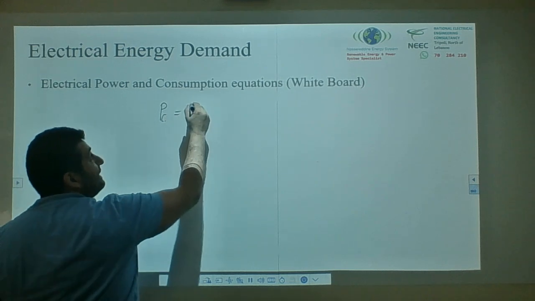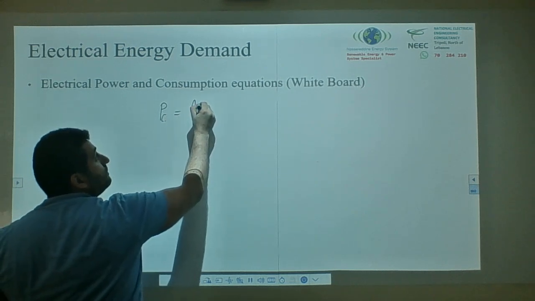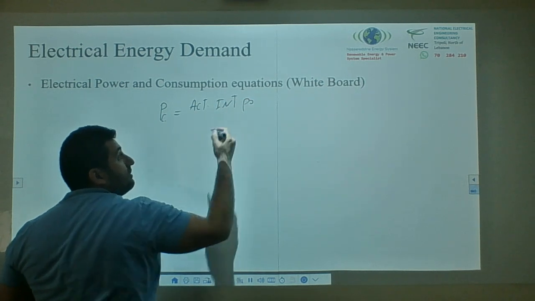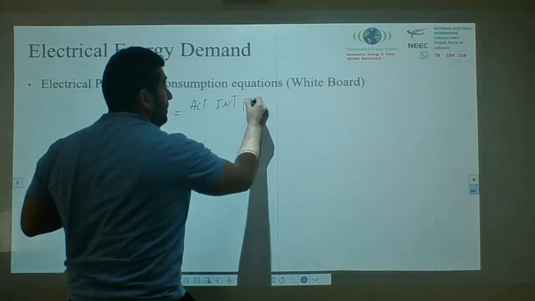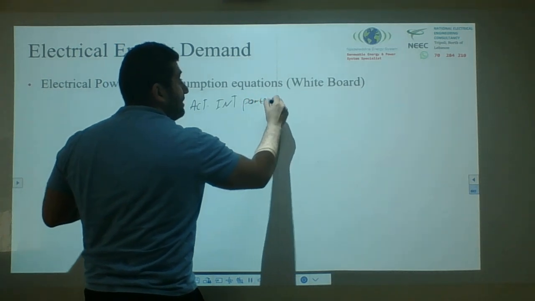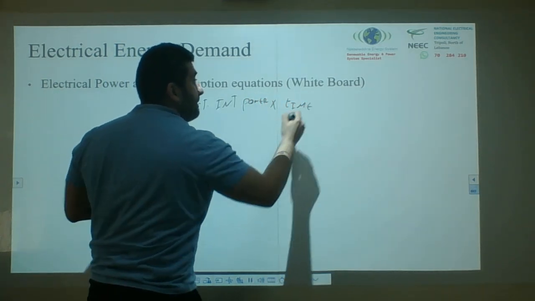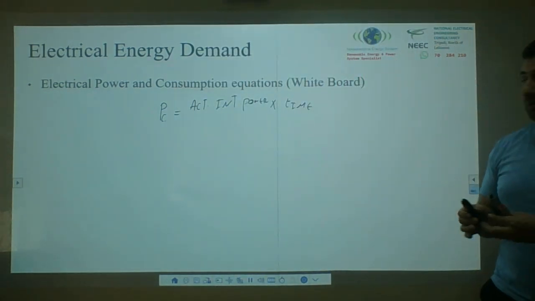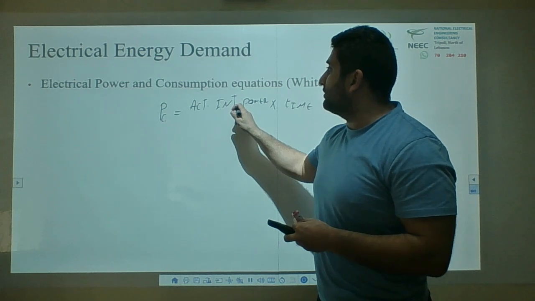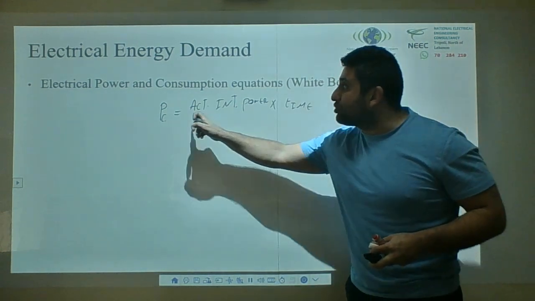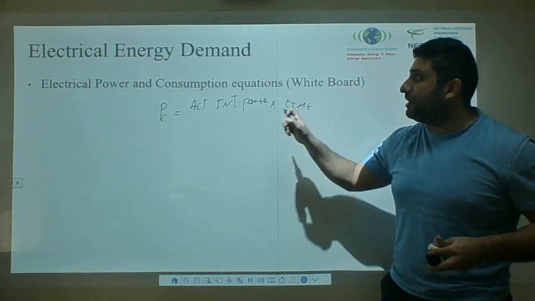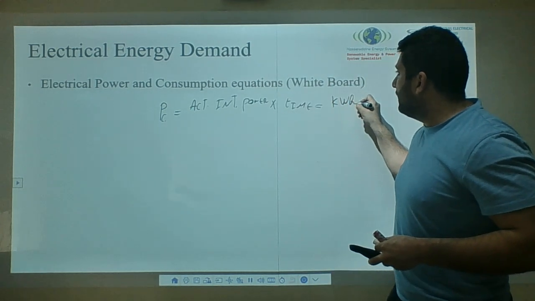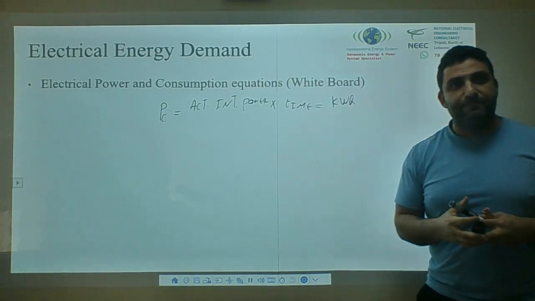It's equal to the actual instantaneous power, the actual power absorbed, multiplied by the time. The actual instantaneous power multiplied by time will give me the kilowatt hours energy consumption.